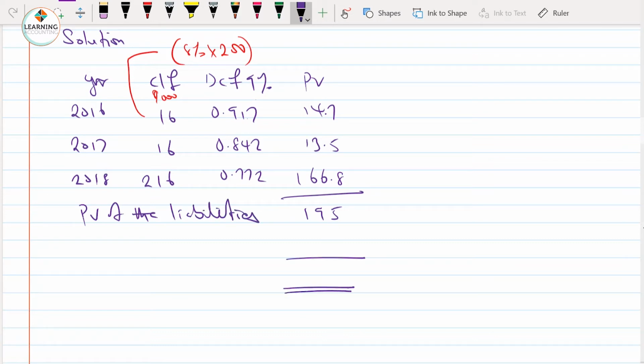Now that we have the PV of the liability, the face value of the bond remains 200. Let me also put my abbreviations in millions here.